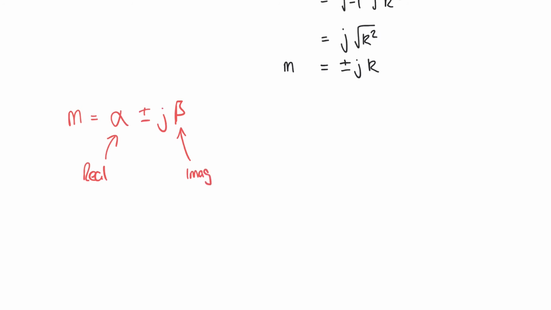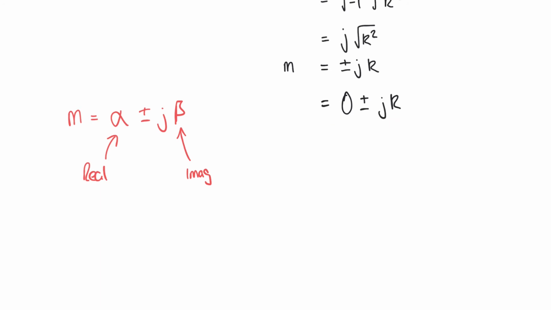For our case here, alpha is 0 because our root m only has an imaginary term in this particular instance, plus or minus jk. So we could write out m equals 0 plus or minus jk in full form if we wanted to, and there alpha would be 0 and beta would be k.